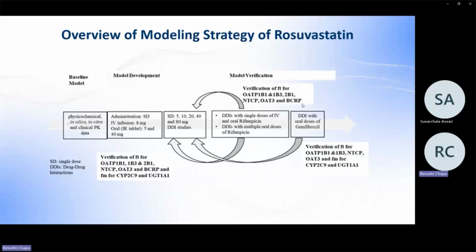And then we also have the DDI study with gemfibrozil, where gemfibrozil is also an inhibitor of OATP1B1 and 1B3, and other transporters like NTCP and OAT3. It also inhibits 2C9 and 1A1, but since the metabolism is less, the majority of the DDI is caused by the inhibition of these transporters.